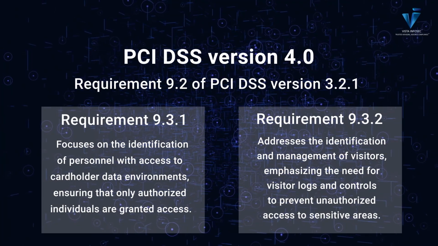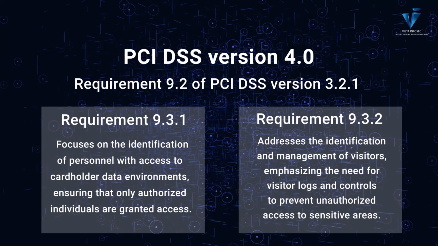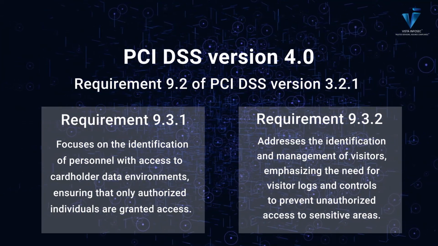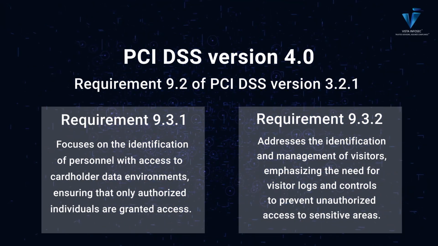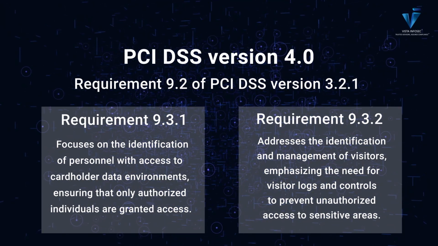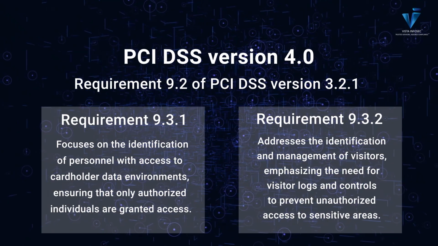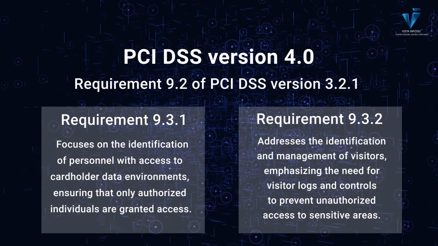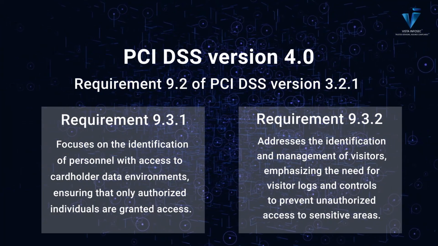Then we see the difference in 9.3.2, because this addresses the identification and management of visitors, not personnel, thus emphasizing the need for visitor logs and controls to prevent unauthorized access to sensitive areas. So what was under requirement 9.2 has now been split into two new requirements, 9.3.1 and 9.3.2.